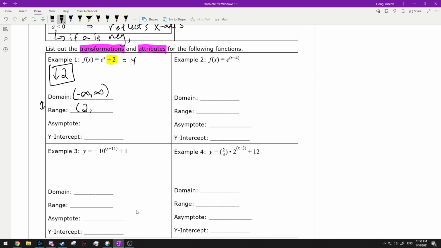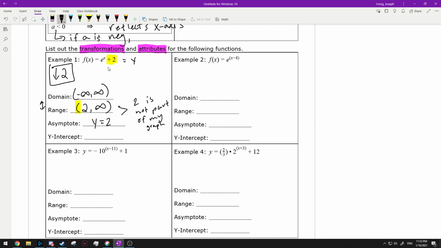So it becomes 2 comma infinity. And the reason why I do this parentheses here is because I'm excluding this, because my asymptote is y equals 2. 2 is not part of my graph.